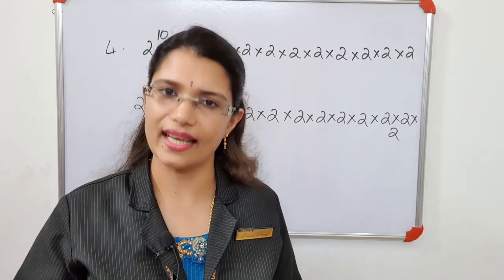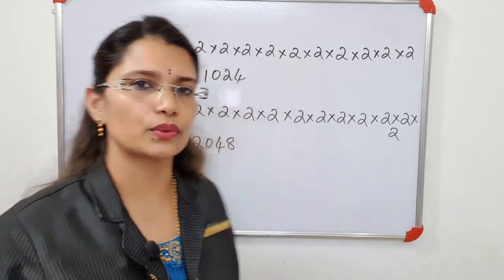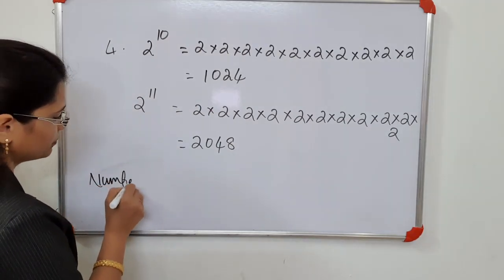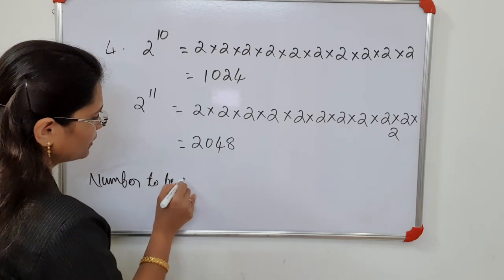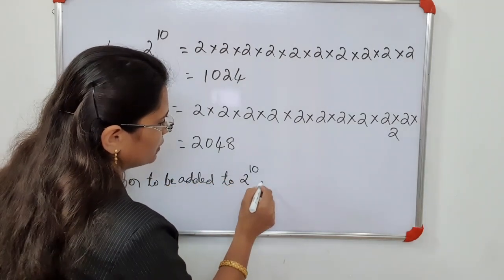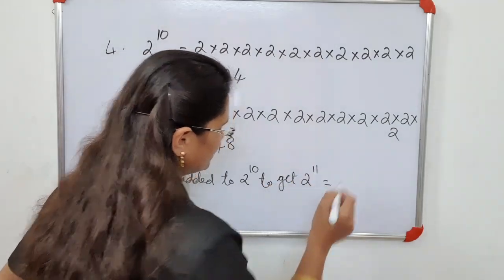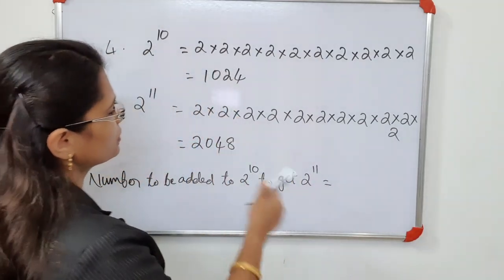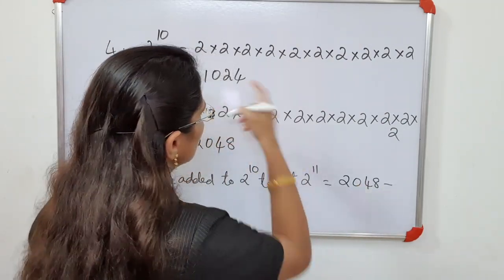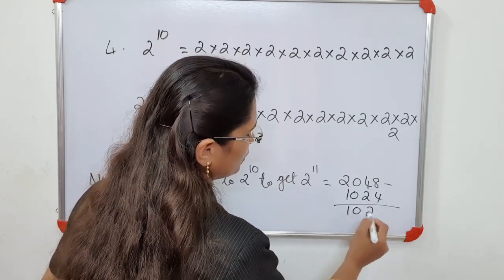Number to be added to 2 raised to 10 to get 2 raised to 11 is equal to, you have to subtract this, 2048 minus 1024 is equal to 1024.